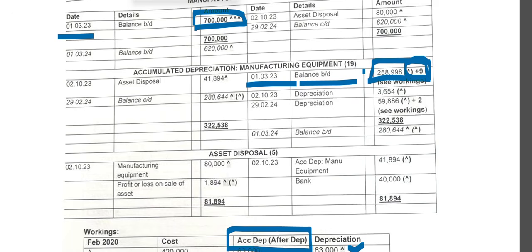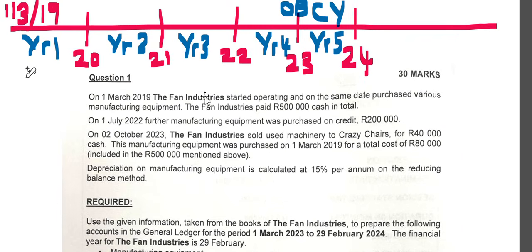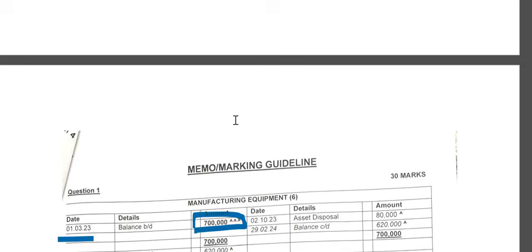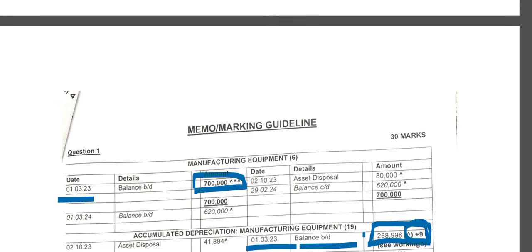Now, they said the cost price of the equipment was 80,000. There it is, 80,000. And we sold it while we're up here for 40,000. So that's information we're going to use. So we need to take out the 80,000 from the cost account, the manufacturing equipment account.